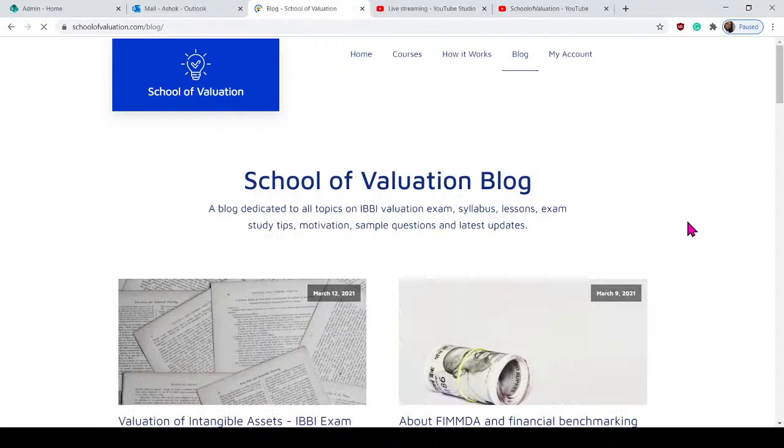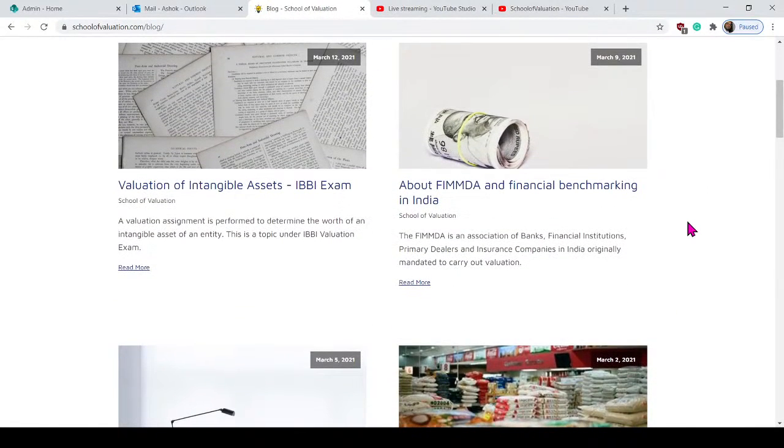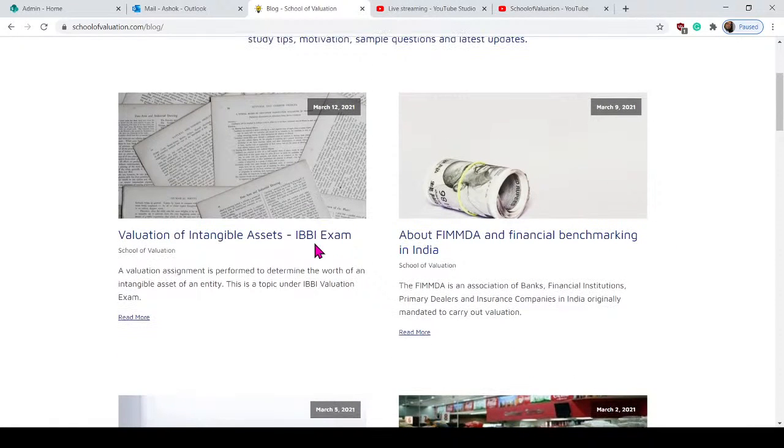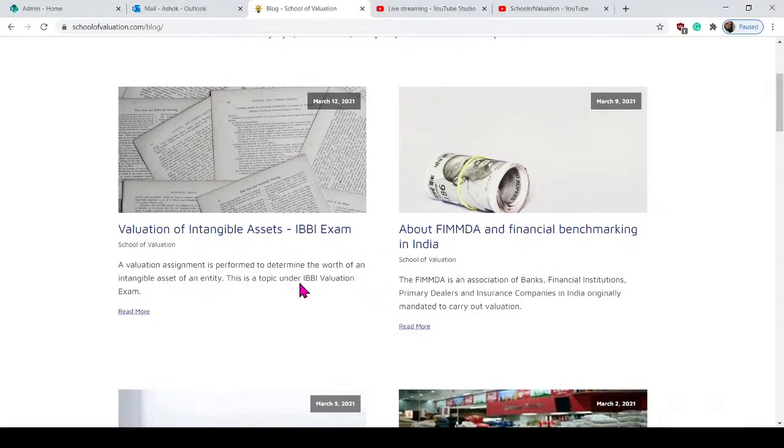Also, you have a blog here. Please do read these blogs. I think I've shared one of these blogs with you, and some of you have read and commented. Valuation of intangible assets. Generally, I try to write one piece on a technical matter within your syllabus, and one general piece on how to write the exam and how to prepare for it.